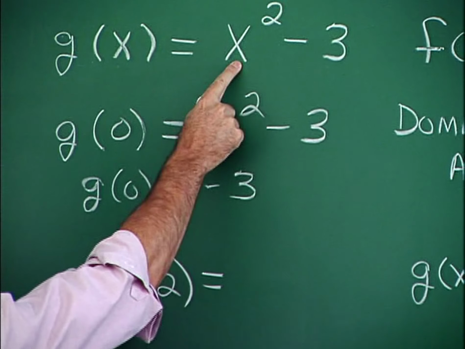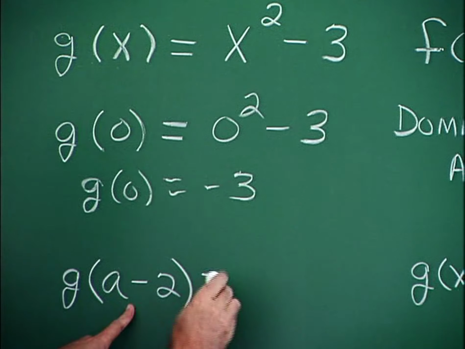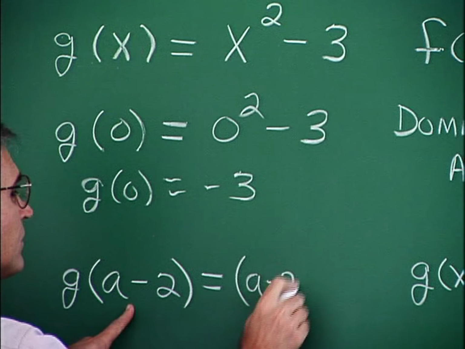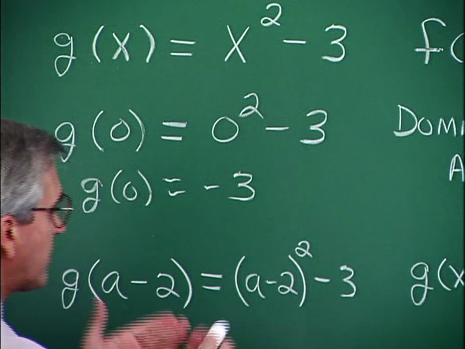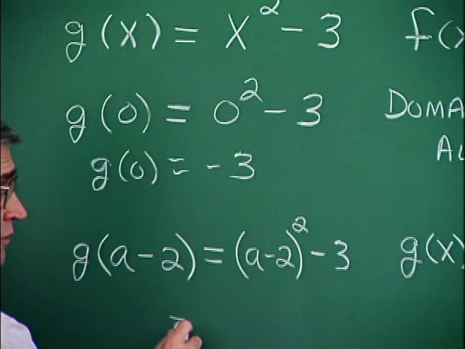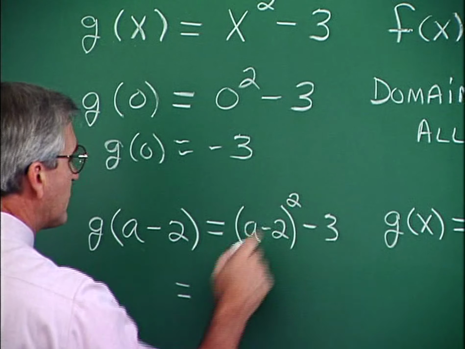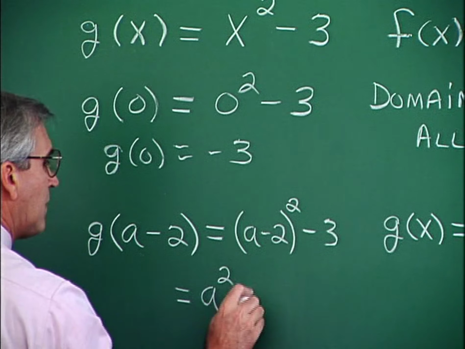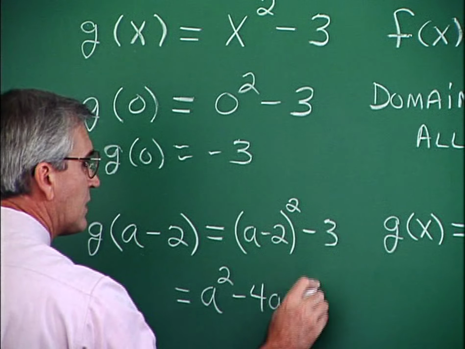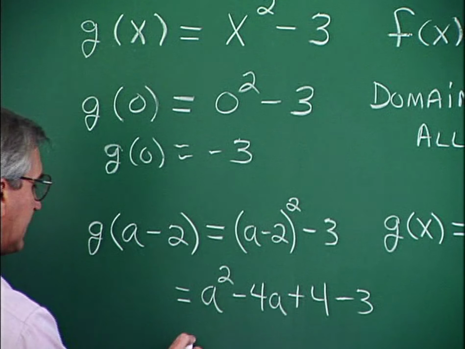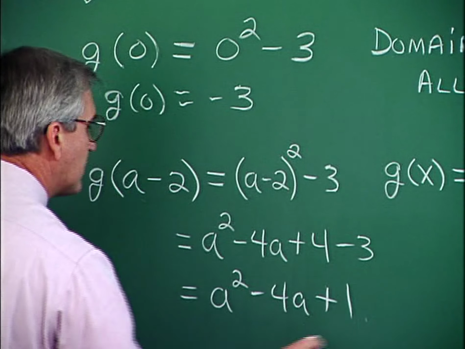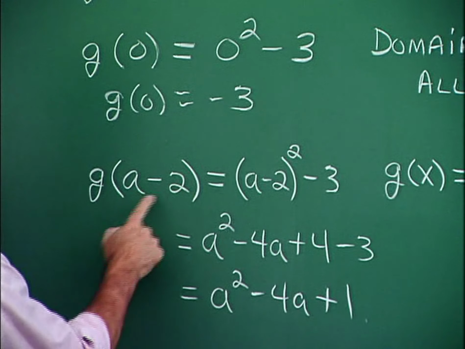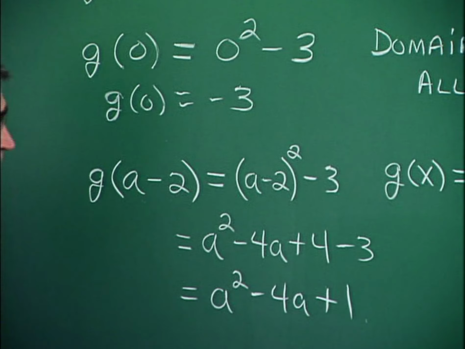So in place of this x, we're writing a minus 2, and we'll have a minus 2 squared then minus 3. Just remember, it's a blind replacement, and from here we would just perform the indicated operations. A minus 2 squared, a squared minus 4a plus 4 minus 3, collecting a squared minus 4a plus 1. So g of a minus 2 would be this expression.